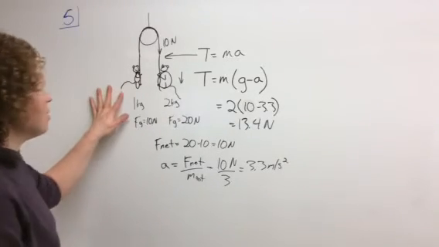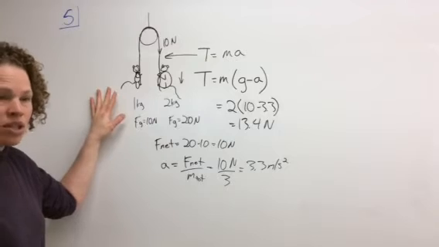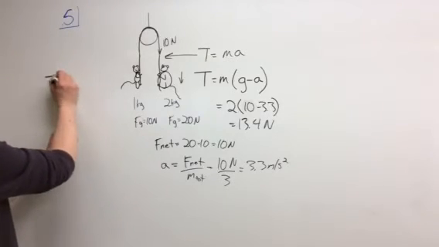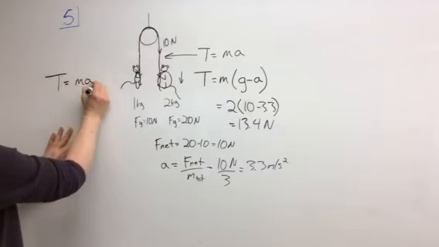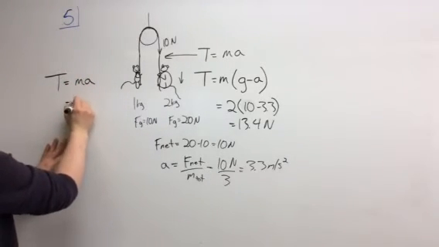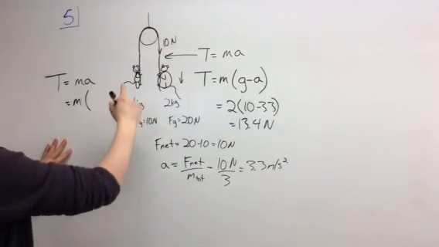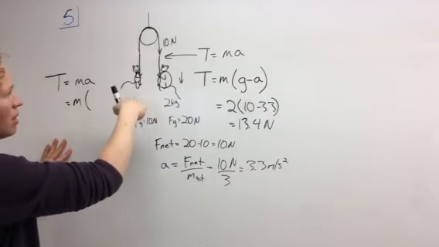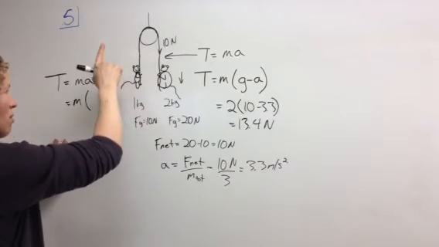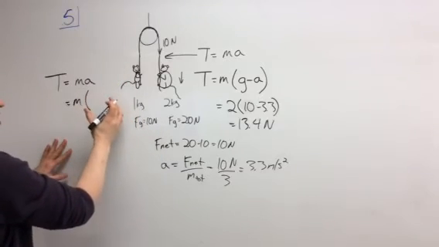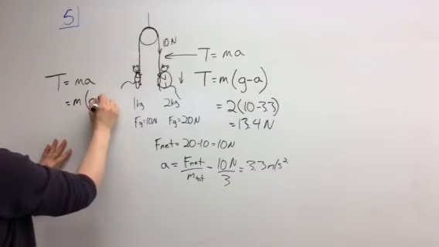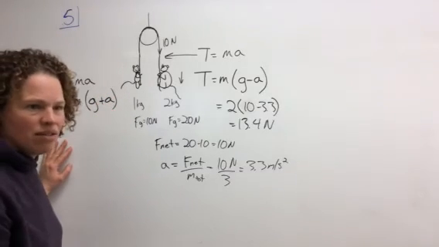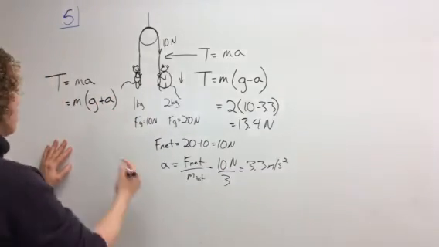If I had used this monkey, which I could do to figure out tension, then I would go tension equals mass times acceleration, which in this case, though, he is trying to go down at 9.8 or 10 meters per second squared, but he's failing. He's going the other way. So the tension in the rope is actually going to be G plus A, or you could say G minus negative A because it's going the opposite direction.